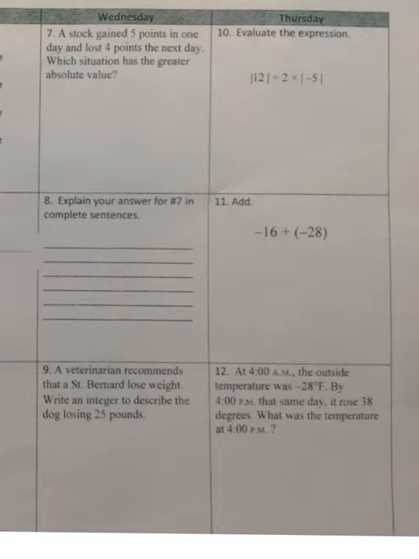Number 7, a stock gained 5 points in one day and lost 4 points the next day. Which situation has the greater absolute value? So a stock gaining 5 points is represented by 5, and a stock losing 4 points is -4.